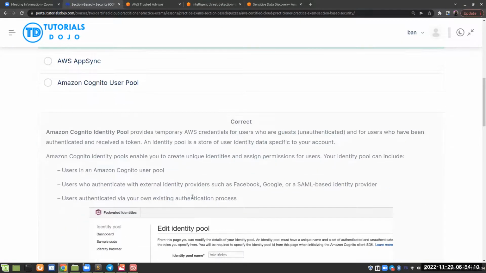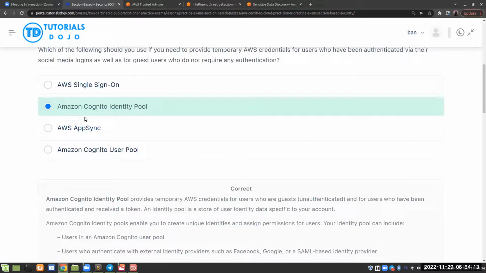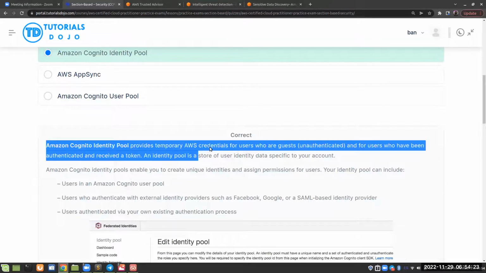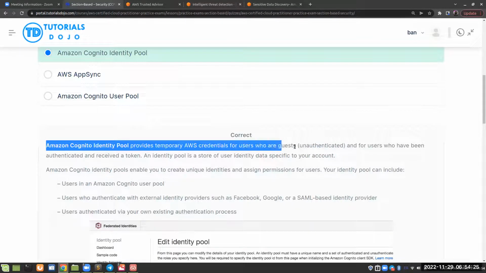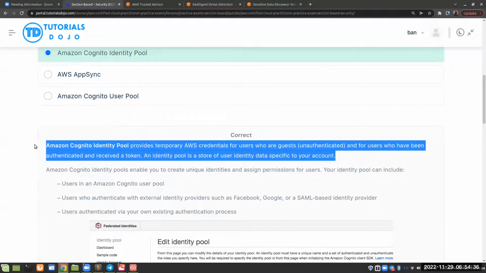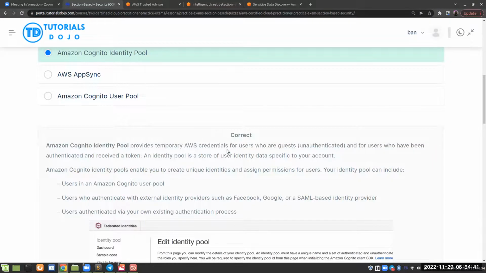So this is an opportunity to learn about, in case you haven't, Amazon Cognito Identity Pool, and then maybe let's revise that. So Cognito Identity Pool, just as it says, provides temporary AWS credentials for users who are guests and for users who have been authenticated and received a token. Identity pool is a store of user identity data specific for your account. So it provides temporary AWS credentials for users who are guests, unauthenticated, right?